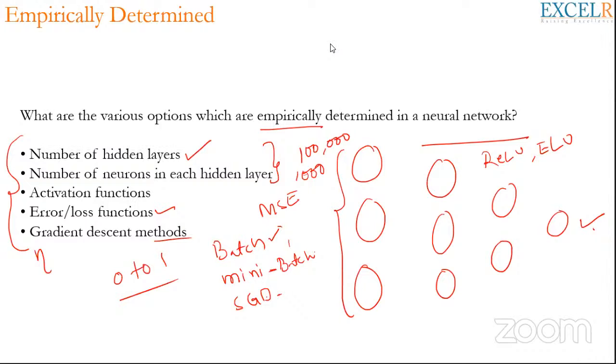All right. Now let me show you how we build this in Python and how we fine-tune the network, and how we identify which activation function is going to work well, and which initialization of the weights W is going to work well for a given data set. Okay, so let me open Python now.